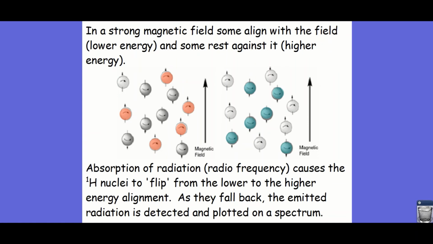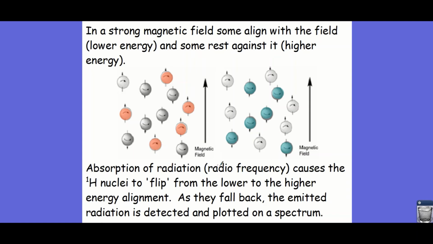But when we apply a magnetic field, those protons will align. We'll have some that align with the field. So if the field is this direction, all these ones here with the arrow pointing up show they are aligning with the field. The ones with the arrows pointing down are showing that they are resting against the field and they're sitting at a higher energy.